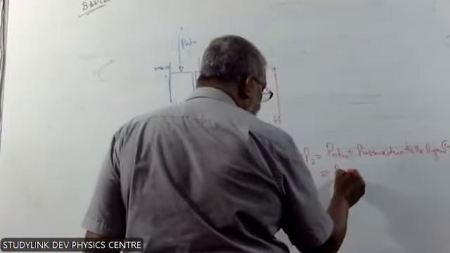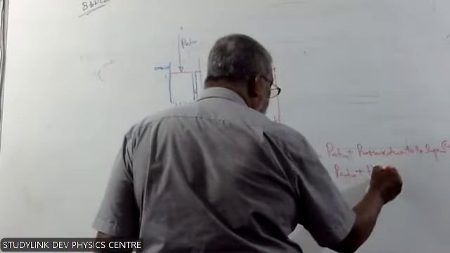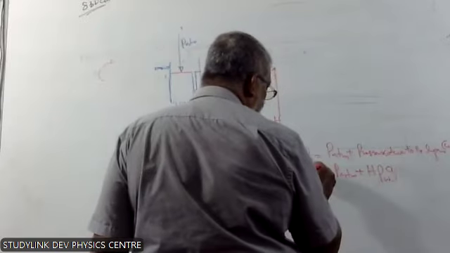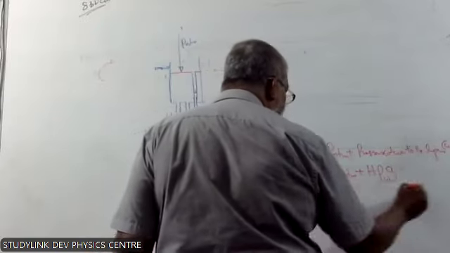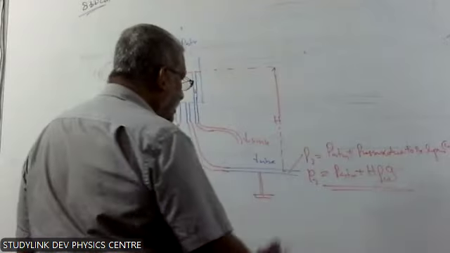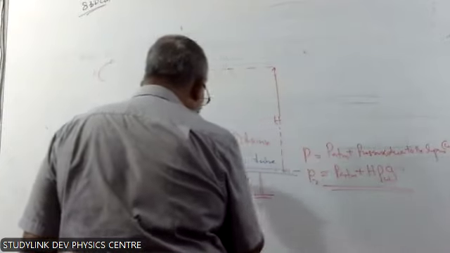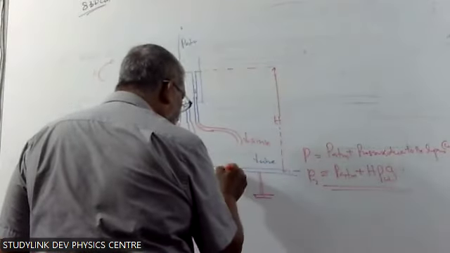Then P atm, atmospheric pressure, plus H rho w g. That is P2. Right? So P2 must be marked here up to this point.